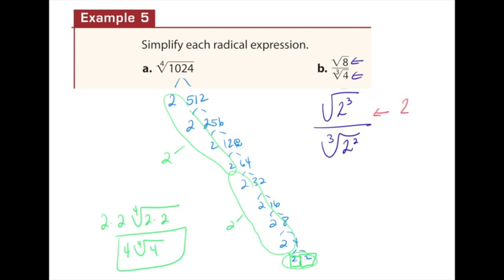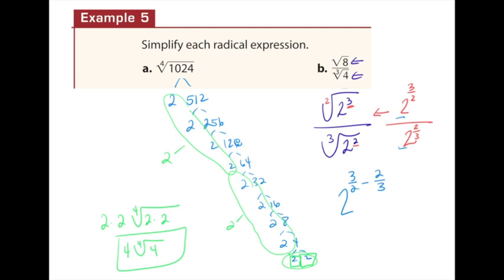That is 2. My numerator is 3. My denominator is the index 2. Here, my numerator is 2. My denominator here is 3. Now I can use my properties of exponents. I have like bases. So if I have like bases and I'm dividing, I can subtract them. 2 to the 3/2 minus 2/3.